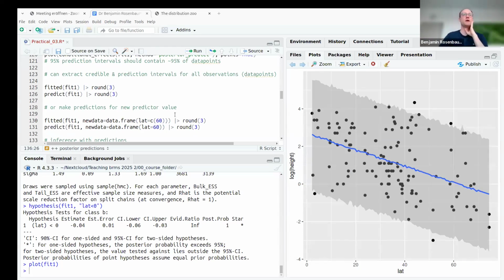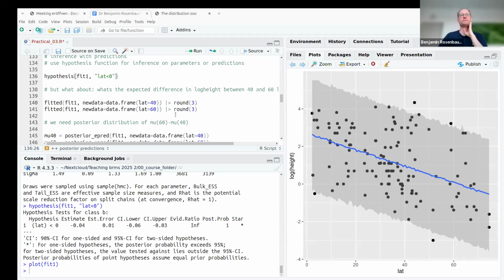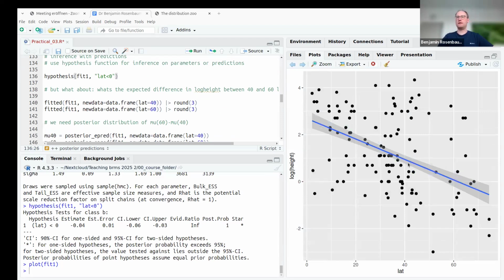And we can also compare predictions and assign probabilities there. For instance, if you're interested in what is the average difference in mean height between 40 degrees latitude and 60 degrees latitude, here in this plot, and also the associated uncertainty there?